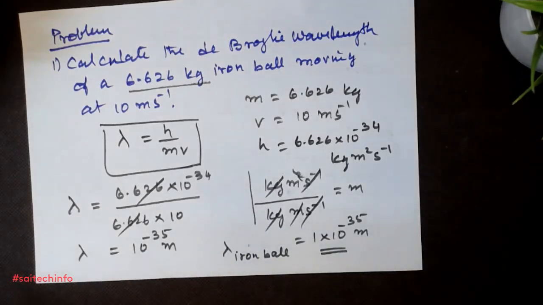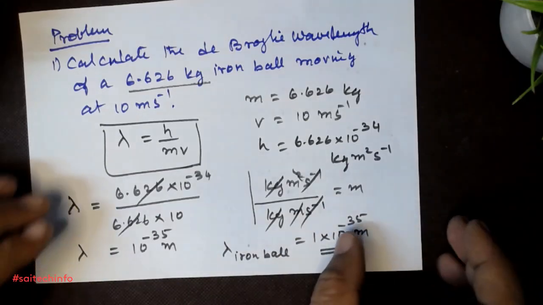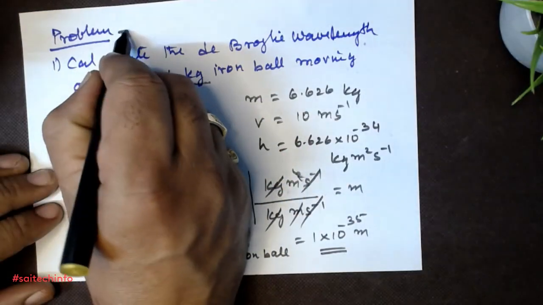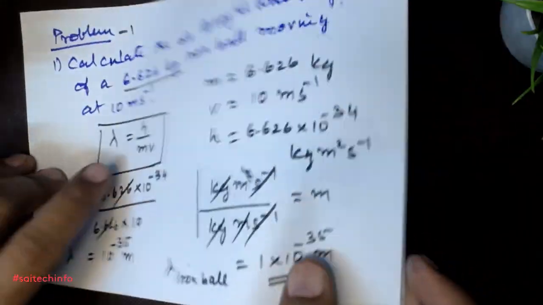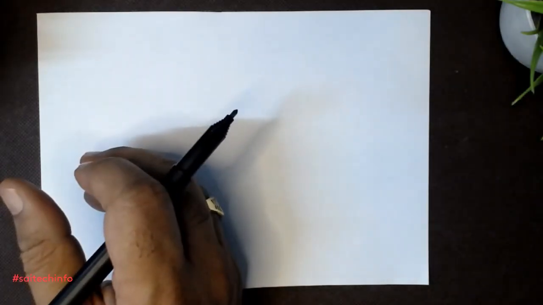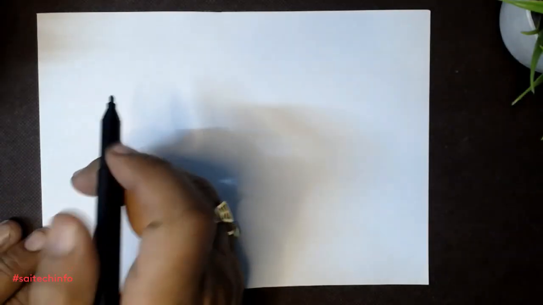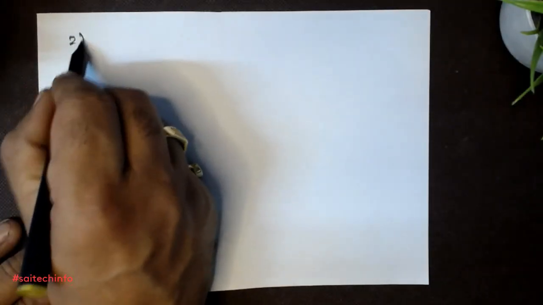Right. Now let us go ahead with another problem. Problem 2. Calculate the de Broglie wavelength.